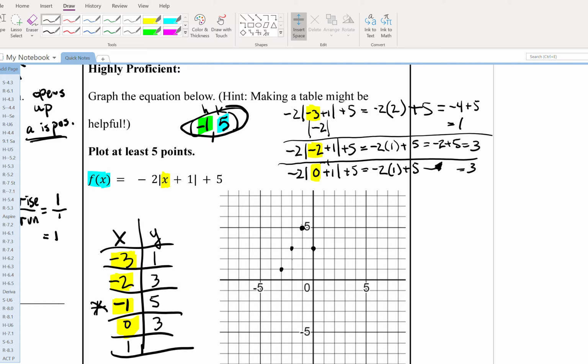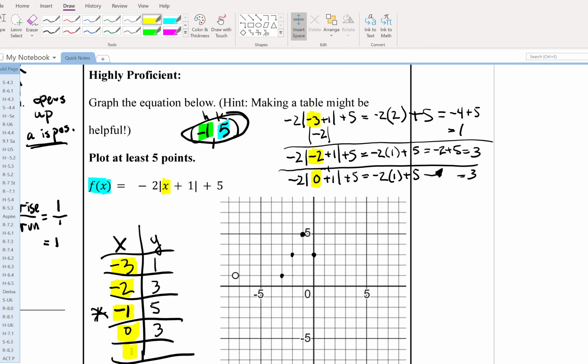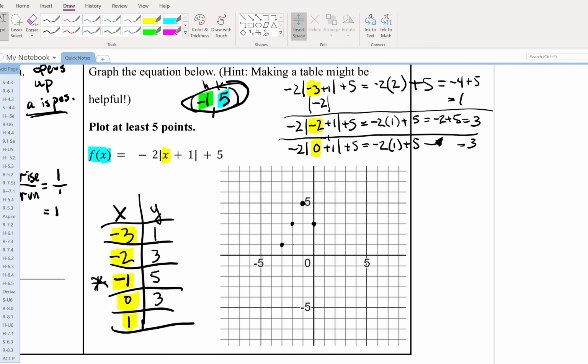And here I can start to see what the symmetry of this V shape looks like. But for good measure, let's go ahead and do 1. If I have 1 here, then I can plug in negative 2 times 1 plus 1, close parentheses, plus 5 equals, so I put in this 1 in for x.